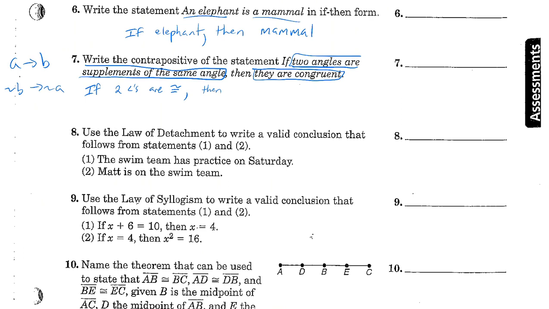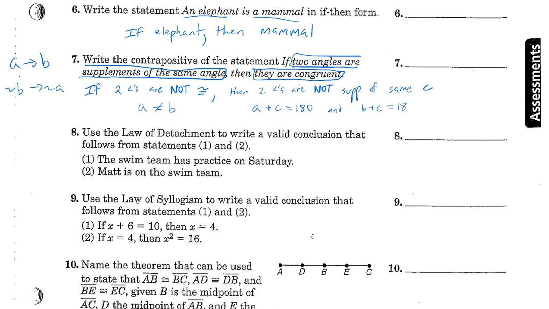If 2 angles are not congruent, then 2 angles are not supplements of the same angle. In other words, if A is not the same as B, then you can't have A plus C equals 180 and B plus C equals 180.